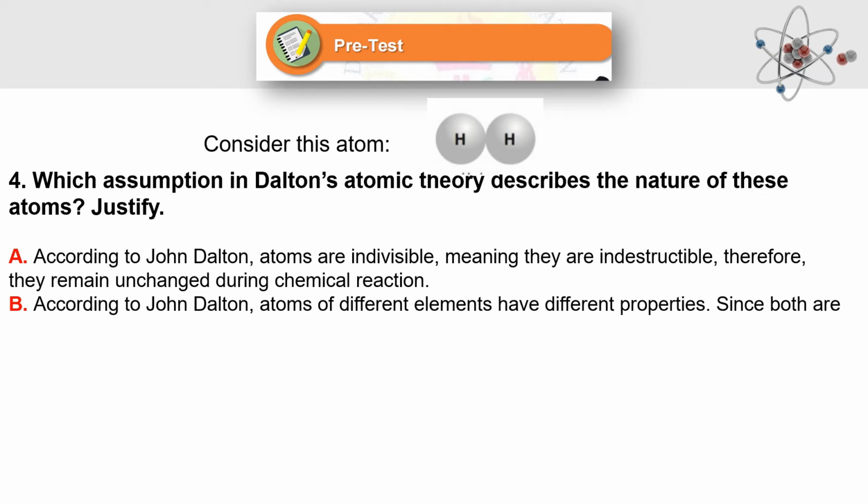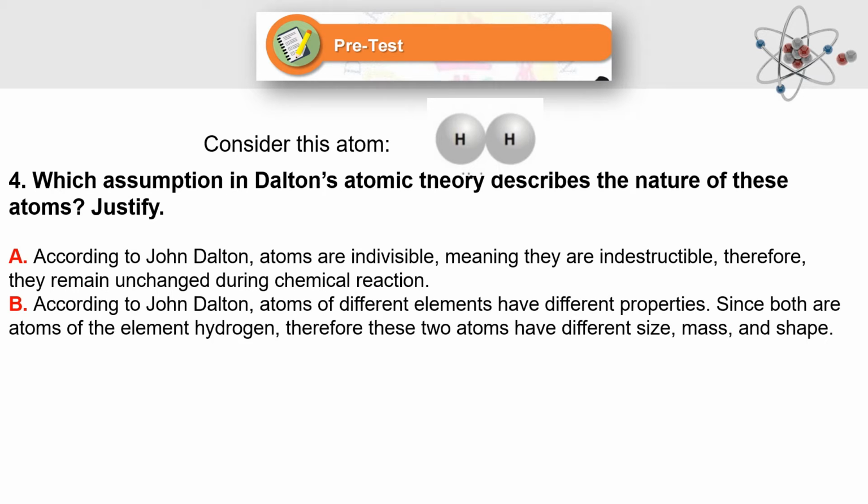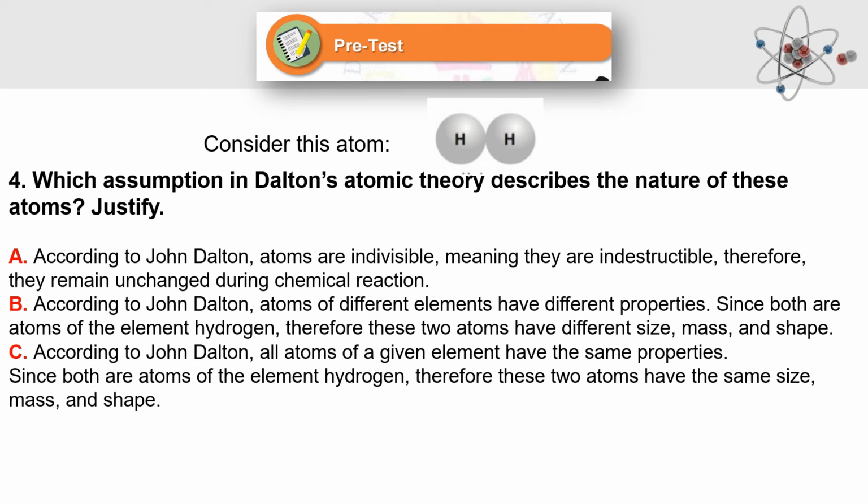Letter B. According to John Dalton, atoms of different elements have different properties. Since both are atoms of the element hydrogen, therefore, these two atoms have different size, mass, and shape. Letter C. According to John Dalton, all atoms of a given element have the same properties.